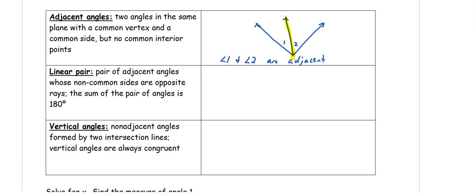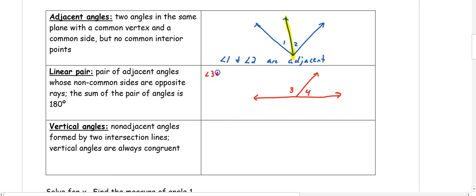Linear pair. A linear pair is a fancy pair of adjacent angles where the non-common sides are opposite rays. So a linear pair is going to form a straight line. So let's say this is angle 3 and 4. This one down here is a straight line, so it's forming a linear pair. So we can say two things about this.